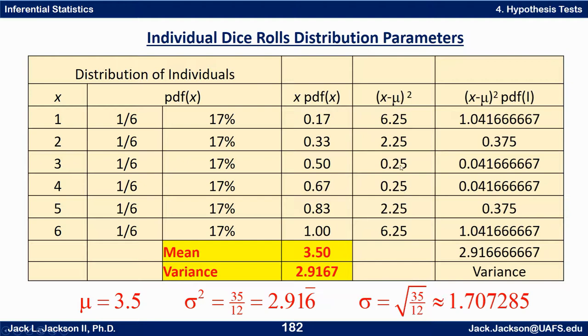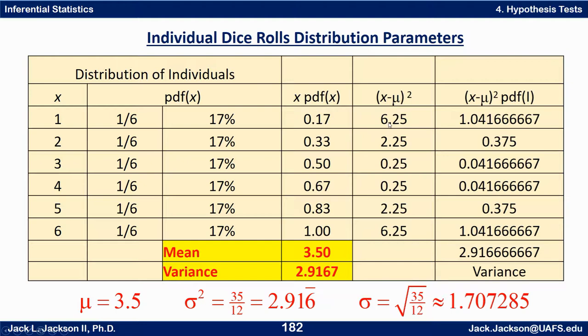Now, to find the variance, remember the variance is the expected value of X minus mu squared. So once we found the mu, we take the X's minus the mu's, so 1 minus 3.5, and then square that. 1 minus 3.5 is negative 2.5.